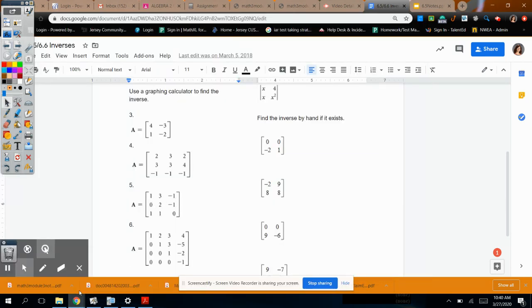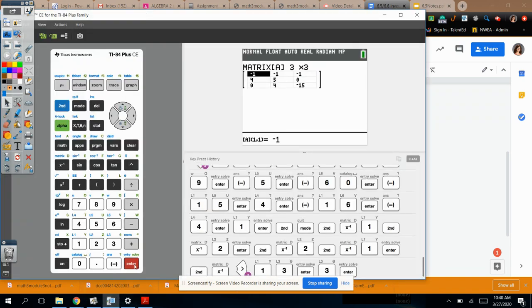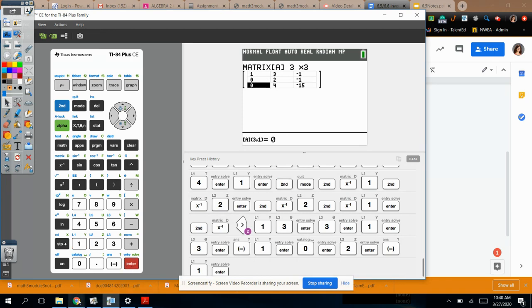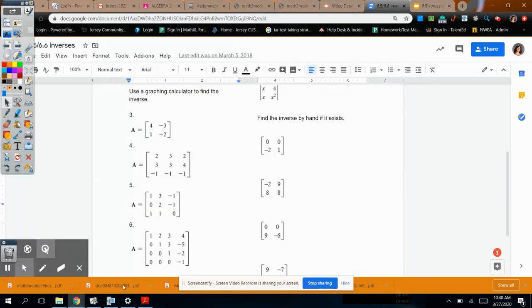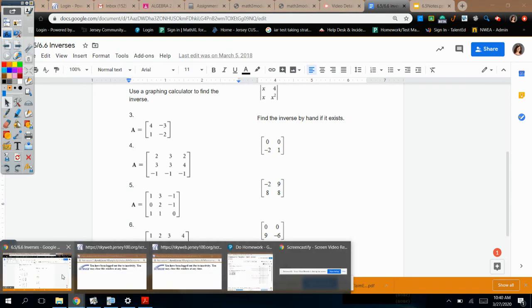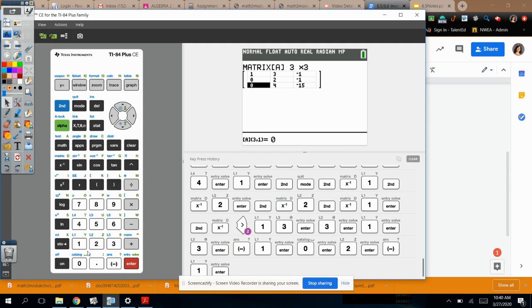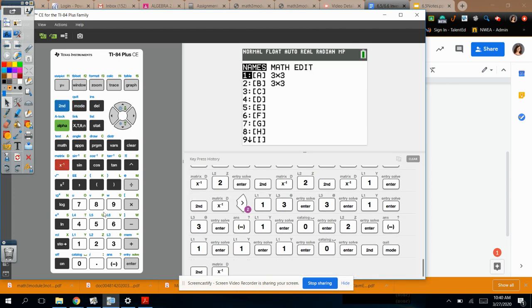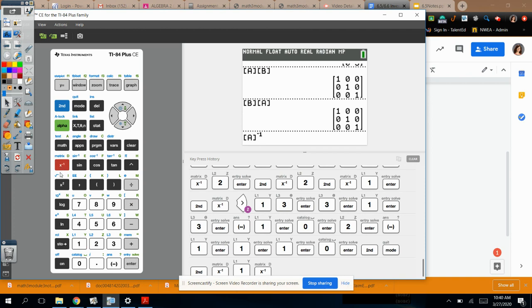Okay, 1, 3, negative 1, 0, 2, negative 1. And then I have 1, 1, 0. Where'd it go? All right, so once it's in there, you'll go to second quit, you'll go to second matrix, and you'll just select A, and then to find the inverse, you just hit that inverse button.